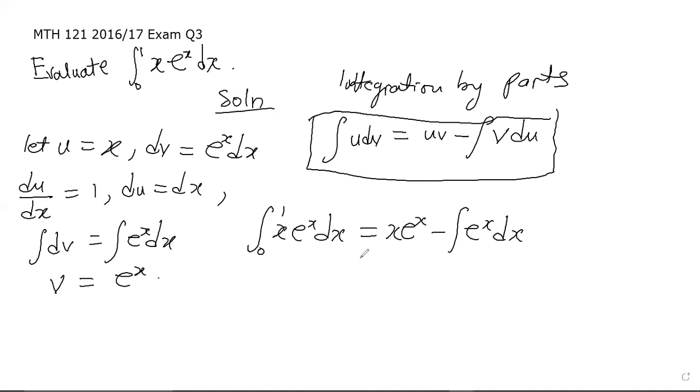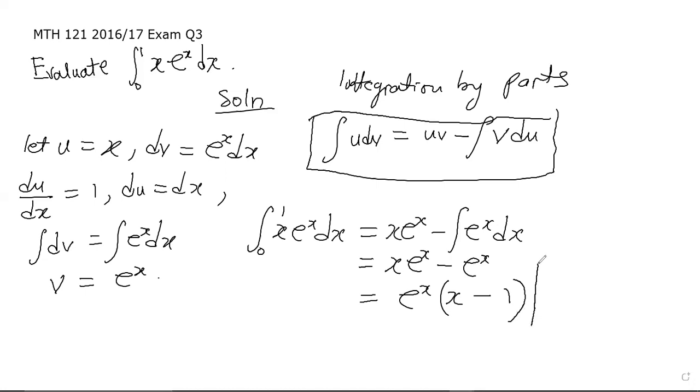If you process this, it will be x e raised to the power of x minus the integral of e raised to the power of x, which is still e raised to the power of x. Factoring out e raised to the power of x, that will be e raised to the power of x into x minus 1.